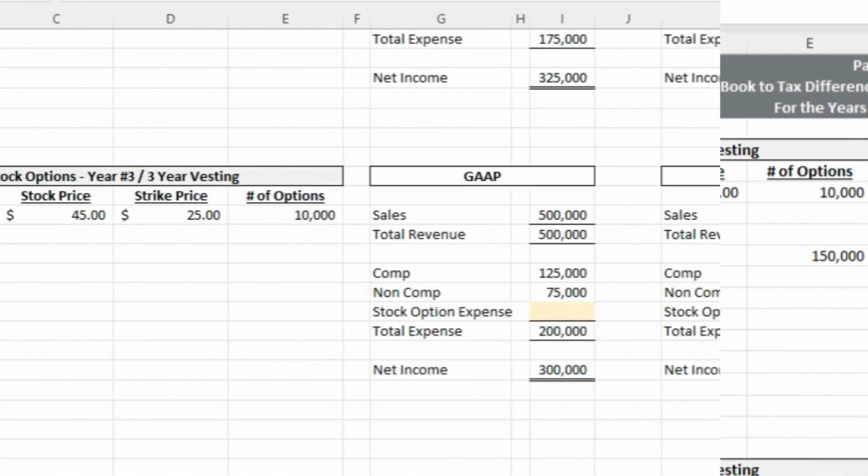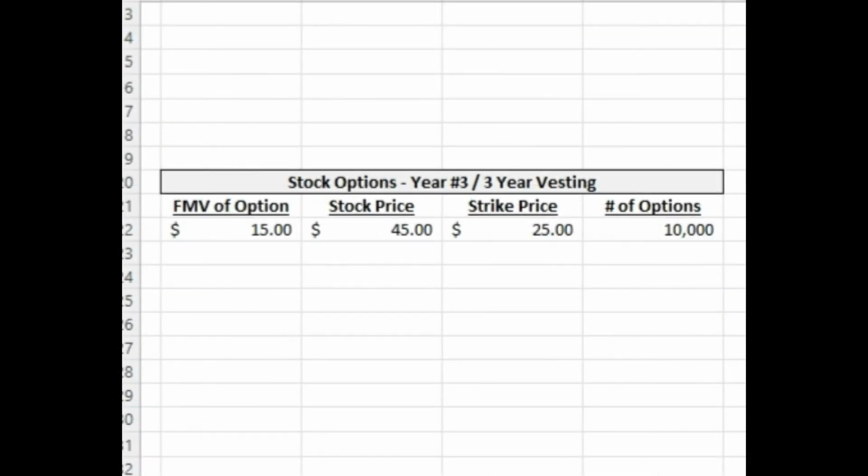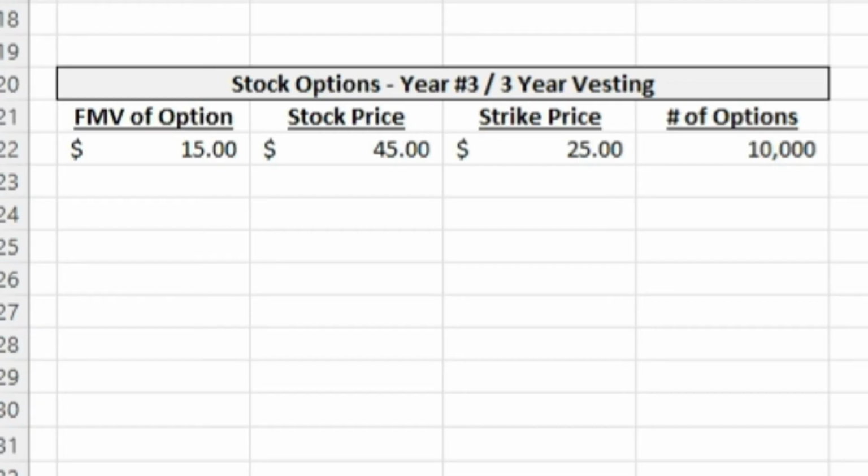All right, let's jump down to year 3 because we're going to have a little bit different of a scenario based upon the person who has received these stock options exercising those options. So we still have the $15 fair market value of the option that was determined when the business granted those options, but the stock price has gone up to $45, and we have a strike price of $25. So there's a $20 spread.